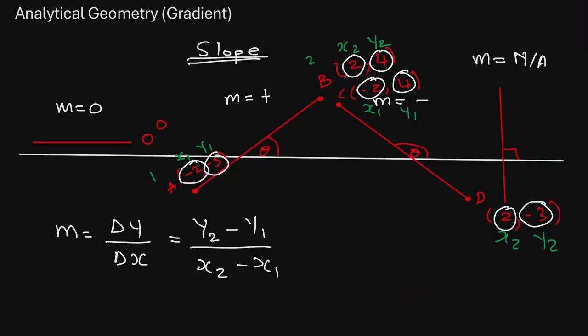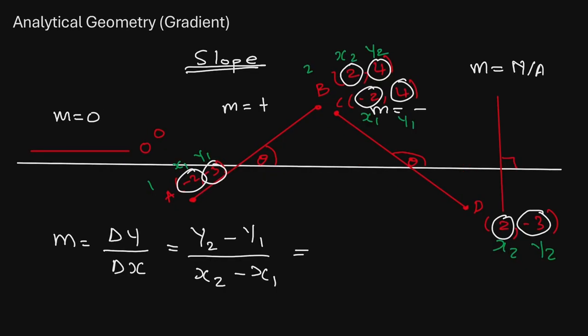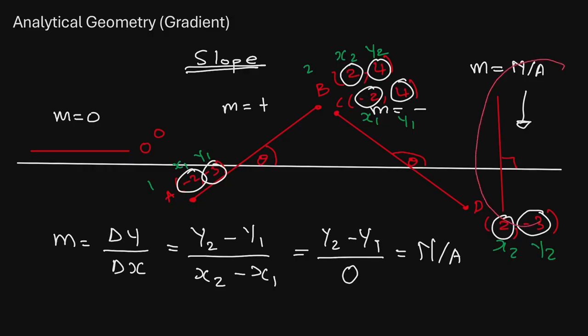So if you put any values of y, for example y2 minus y1, the values of x are going to be 0 because the value of x is the same throughout. So 2 minus 2 or 3 minus 3 is going to be 0. Now if you have a 0 as the denominator, this gradient is going to be undefined. So that is why the gradient of a vertical line is undefined.